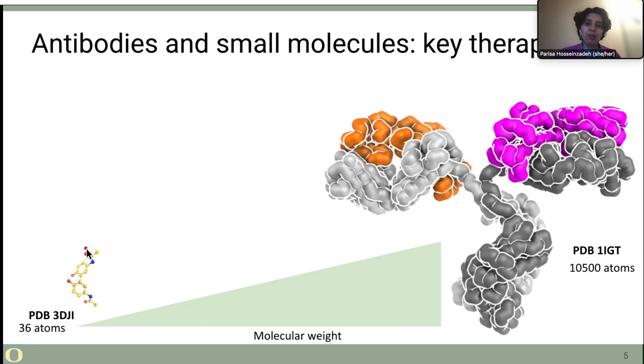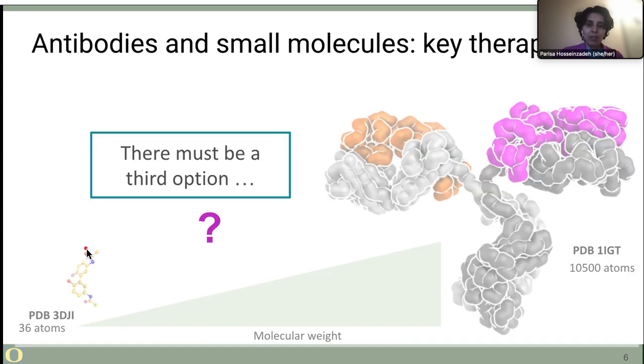Also, it's hard because there are a lot of molecules that need to be targeted when it is inside the cell. Also, they need to be injected, which is hard, and some people are afraid of injection. So there must be a third option.